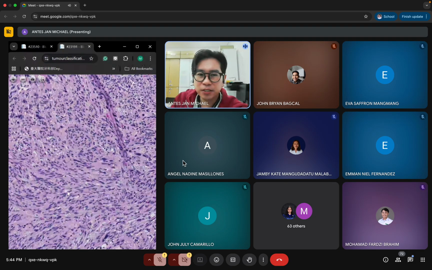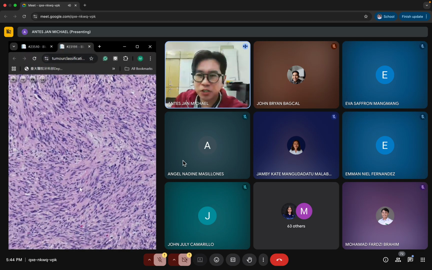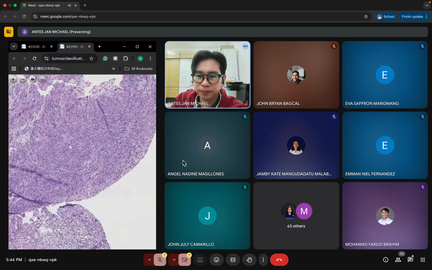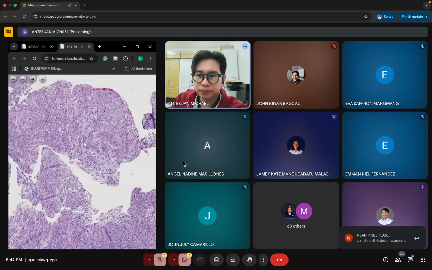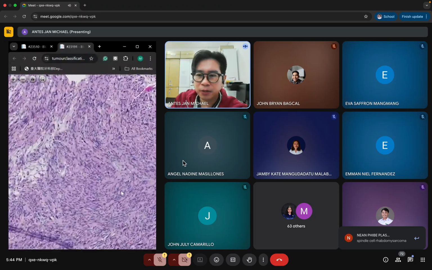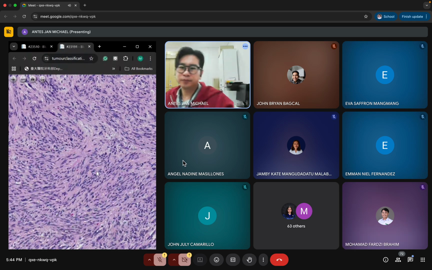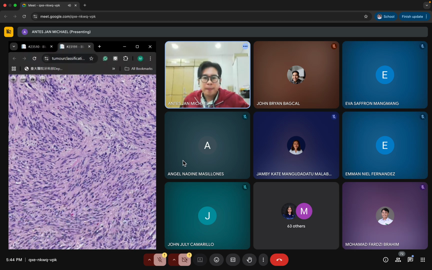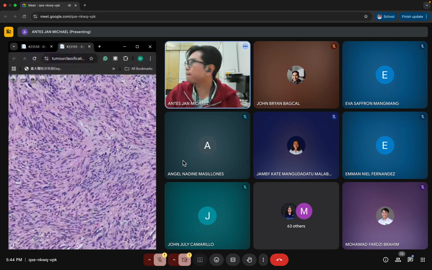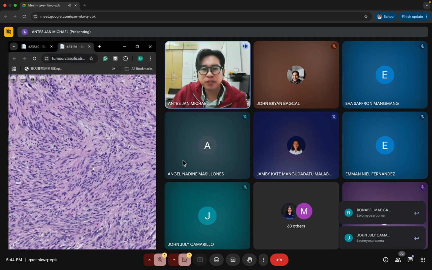Please type in your answers for your differentials for this lesion. Spindle cell. What else? Spindle cell, leiomyosarcoma. Okay. What are the IHCs that you can request for you to have the definitive diagnosis?